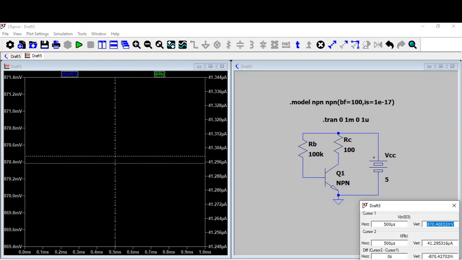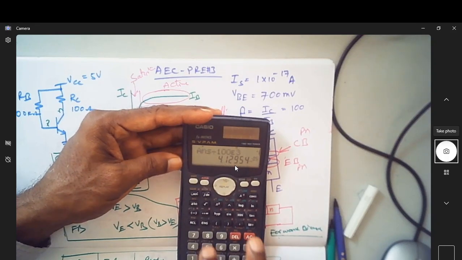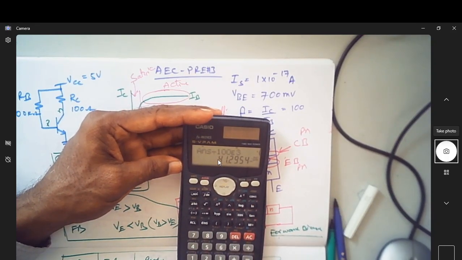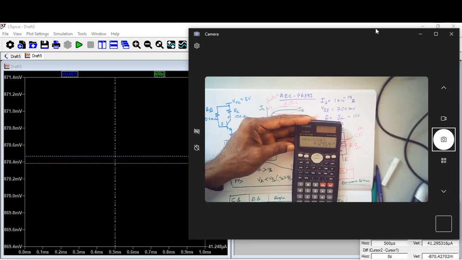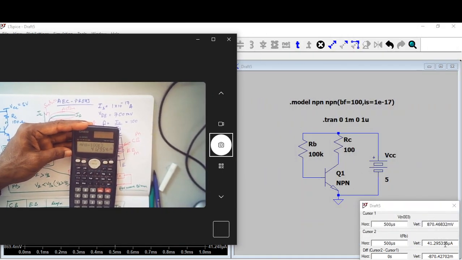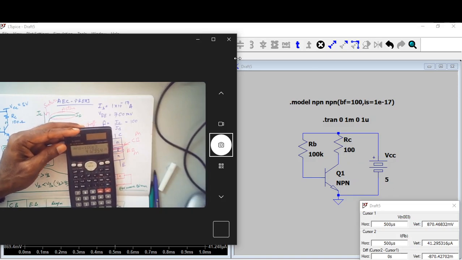That's what you have here. You can also see here the current is this much, I'll put it in engineering notation, 41.36. Does the same current flow here also? It is 41.29 microampere. So IB is this much.